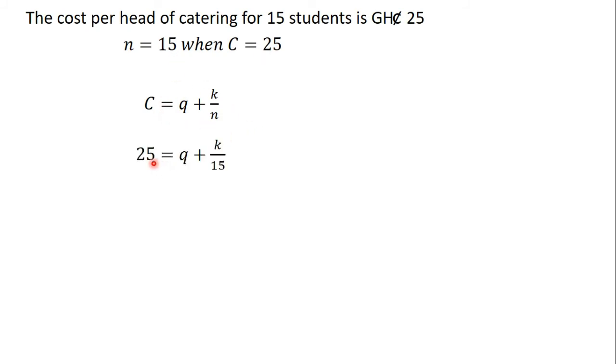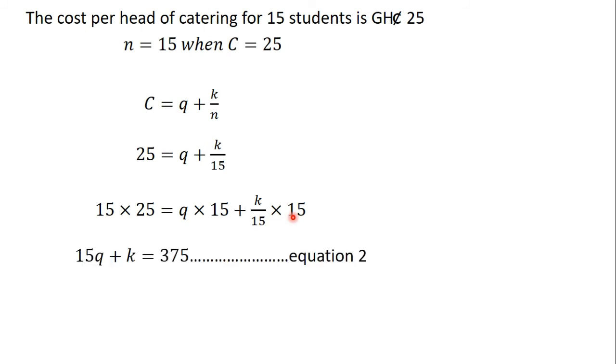That will give us 25 is equal to Q plus K divided by 15. We will multiply through by 15 to remove the fraction, and we will have 15 times 25 is equal to Q times 15 plus K divided by 15 times 15. If we simplify this, we will have 15Q plus K is equal to 375.